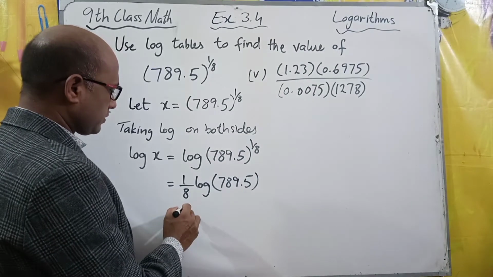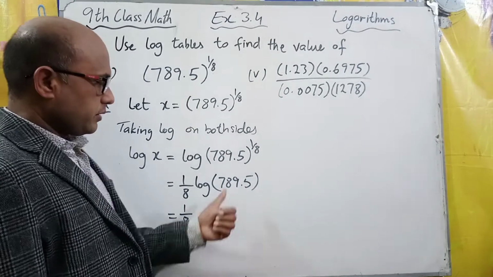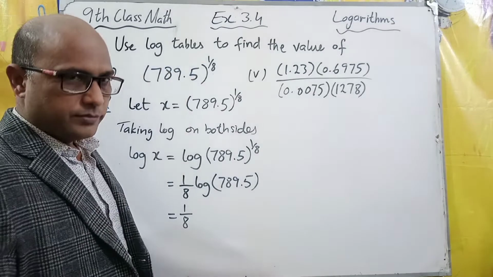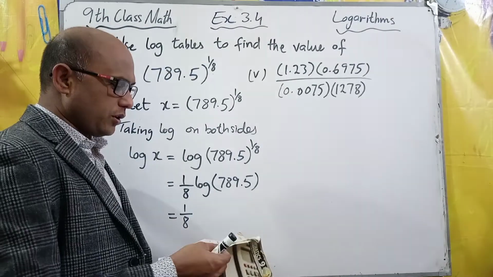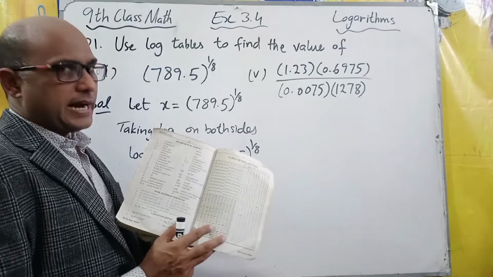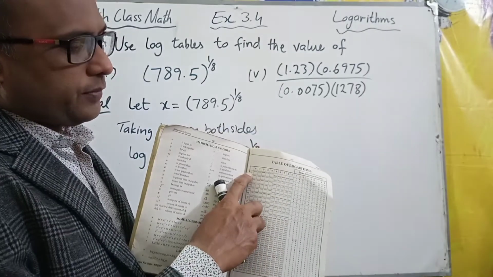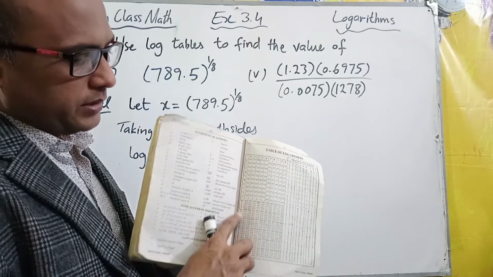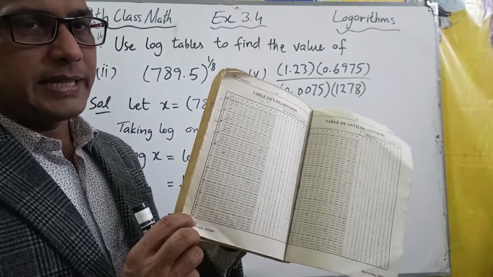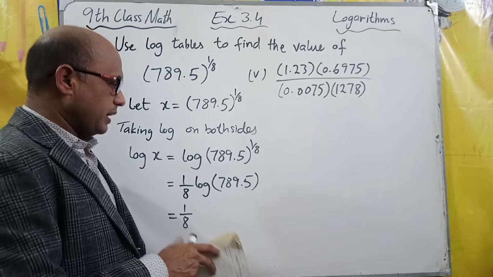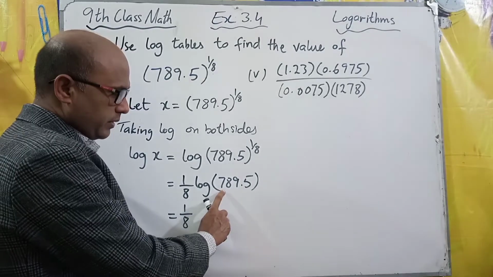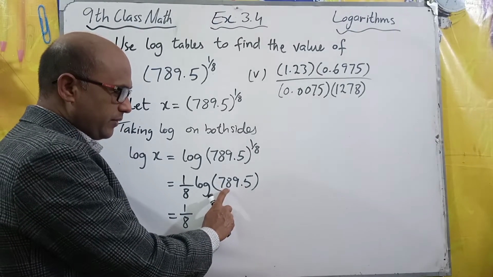Now, we have to check this number in the log table. Students, behind your maths book, there are log tables. You can see here, there are some values. It is starting from 10, 11, 12, and on the other page, it is going up to 99. So the number which we have to see using logarithm, first two numbers, 78.